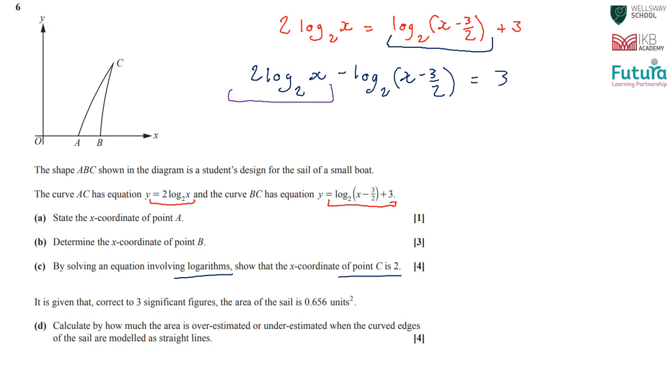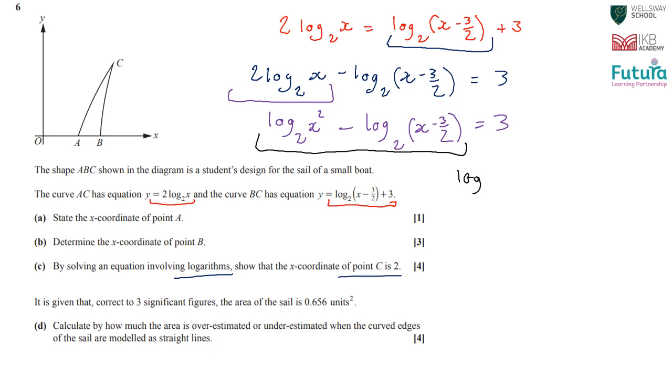So our power law for logs gives log base 2 of x squared minus log base 2 of (x minus 3 over 2) equals 3. Now once it looks like that, we can rewrite this using our division law for logs, because when you've got two logs being subtracted, you can rewrite that as a division, and so we're going to get log base 2 of x squared over (x minus 3 over 2) equals 3.